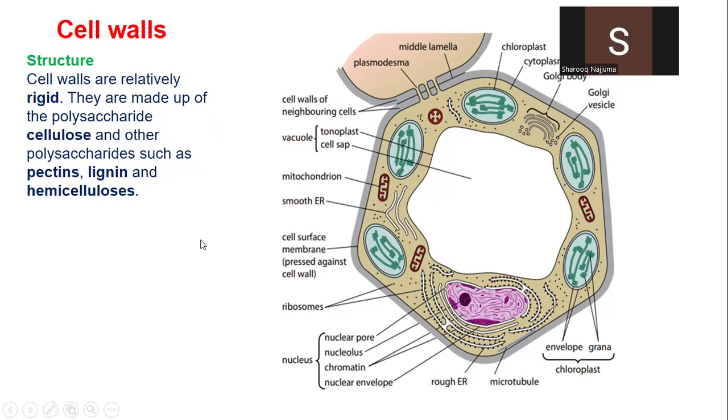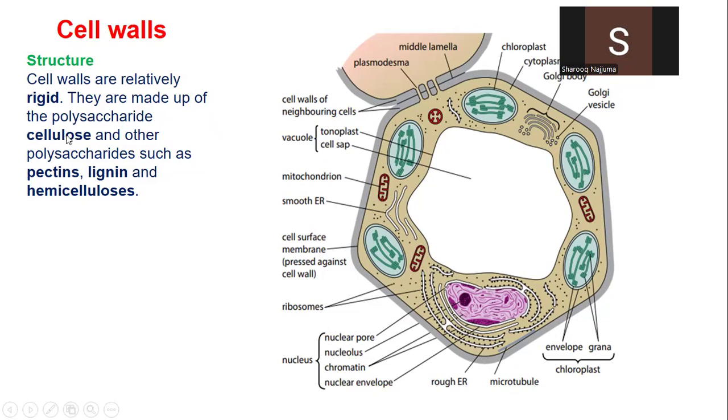So what is the use of a cell wall? A cell wall performs different roles. One of the uses is that it's able to provide structural support to a plant cell, and it even determines the shape of a plant cell. How is it able to provide structural support? It has cellulose. Cellulose is a strong molecule. You later learn about the characteristics of cellulose.